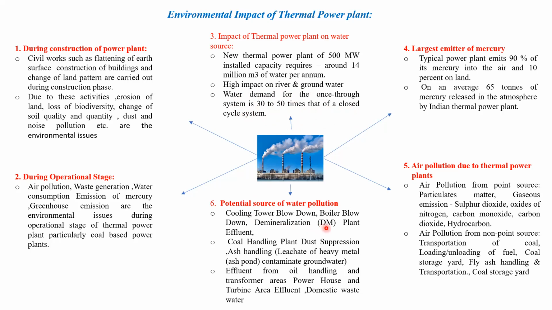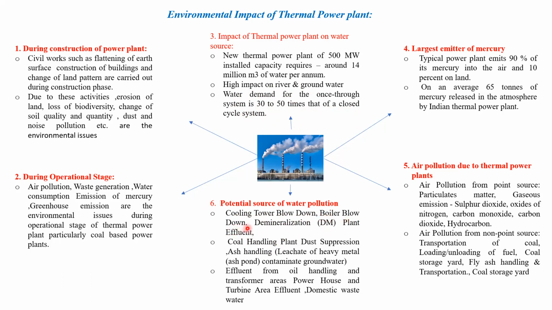Potential source of water pollution: cooling tower blowdown. The cooling tower has to be drained due to blowdown, because of the quality of the water being circulated. So we have to take periodical blowdowns, boiler blowdowns.